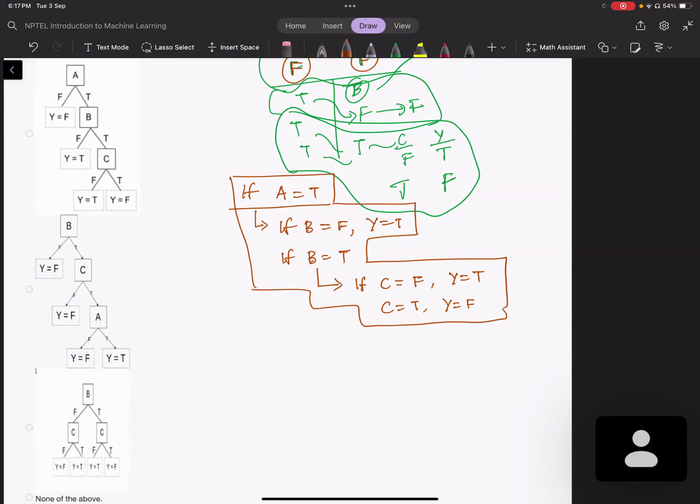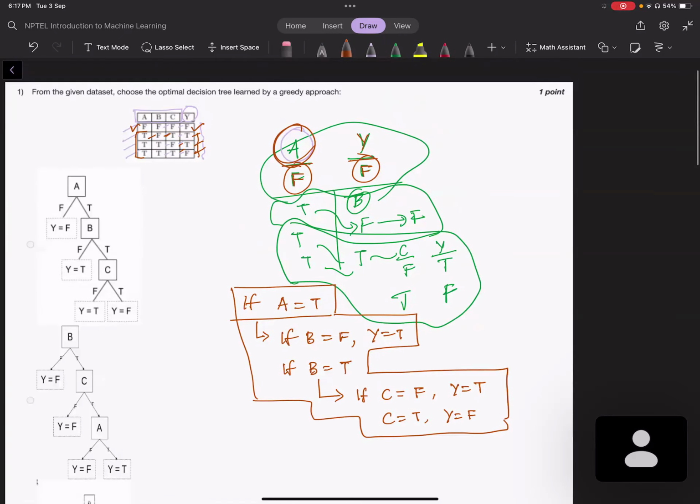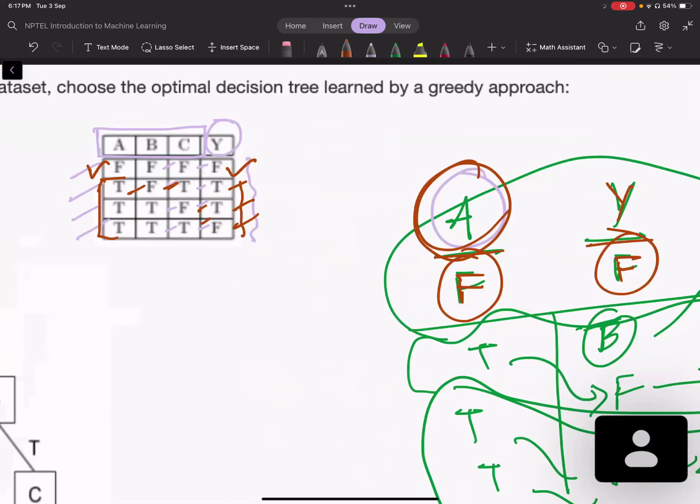If you see the data set here on top, you can see Y can be described as a function of B and C. That means if B and C are false, it is false. If B and C are true, false, or false, true, it is true. And if both are true, it is false.